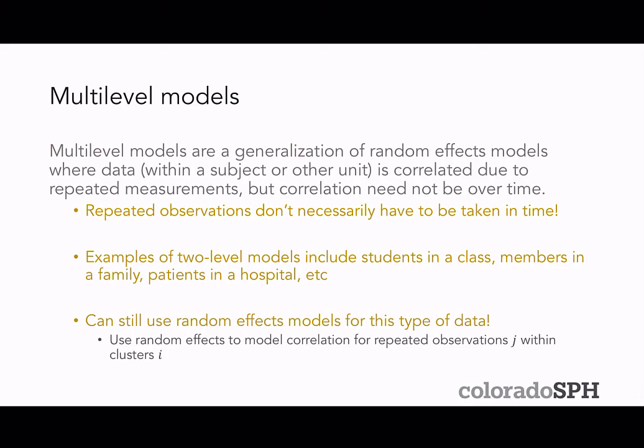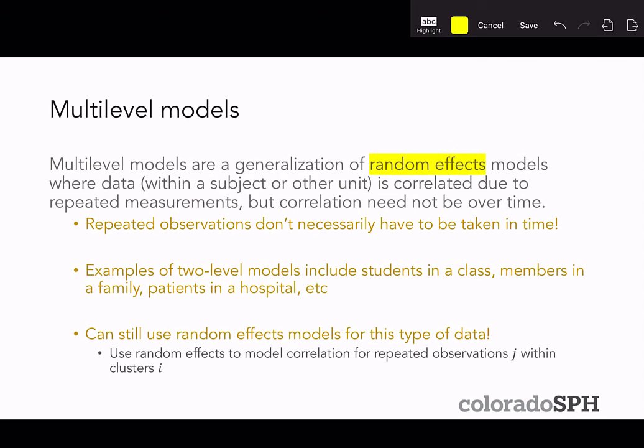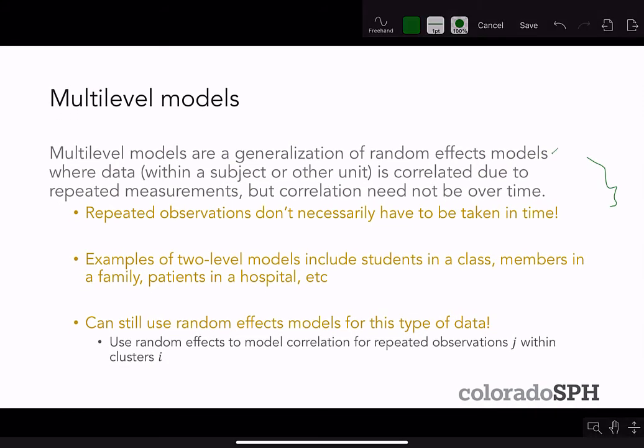However, multi-level models are a generalization of that, where data within a subject or other unit is correlated due to repeated measurements, but that correlation need not be in time. And I want to add here that this is a generalization of random effects models for longitudinal data.